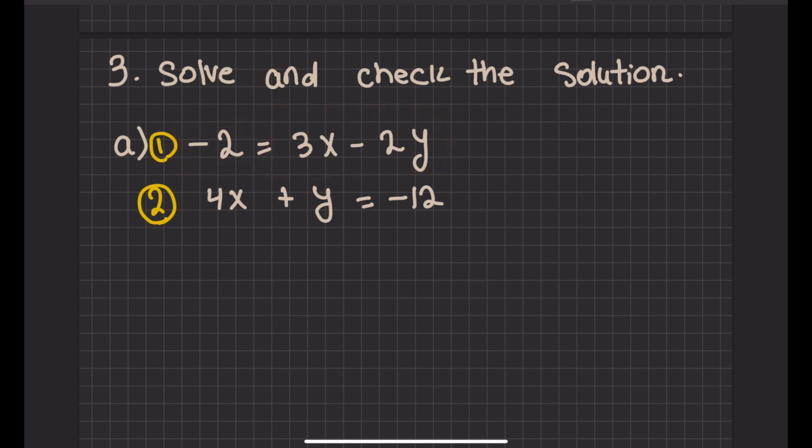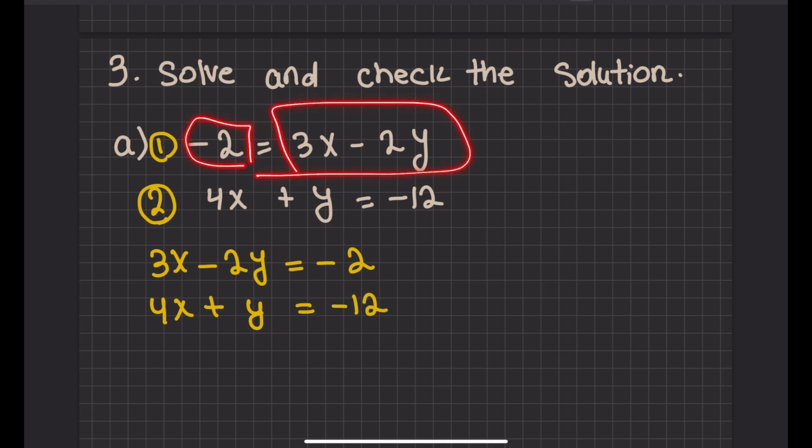You may panic, oh, why is that? There is no big deal right now, it's totally fine. So if you want, you can just rewrite it as this one, same thing. So 3x minus 2y equals negative 2. 4x plus y equals negative 12.